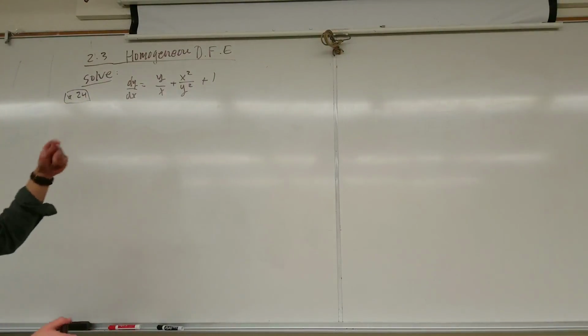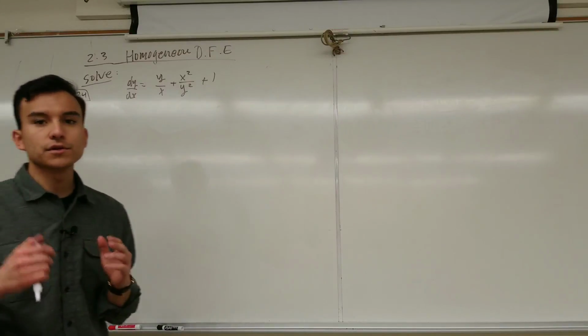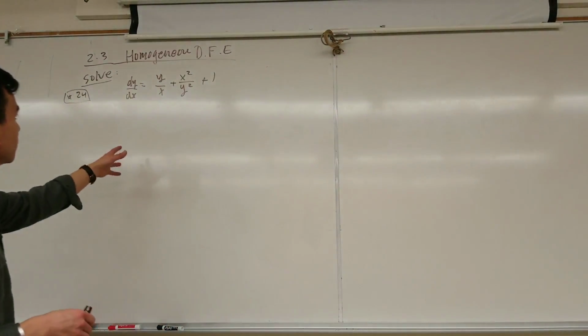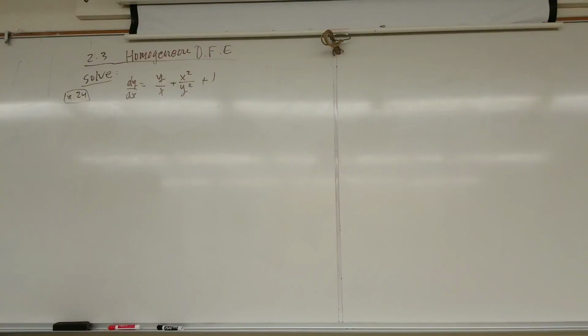Going back, we want to make sure all the degrees are the same. And if all the degrees are the same, then it's going to be homogeneous, right? Well, unfortunately, you can't see right now that they're all the same. However, if we get them all under the same denominator, we're going to be able to see that they will be the same degree.